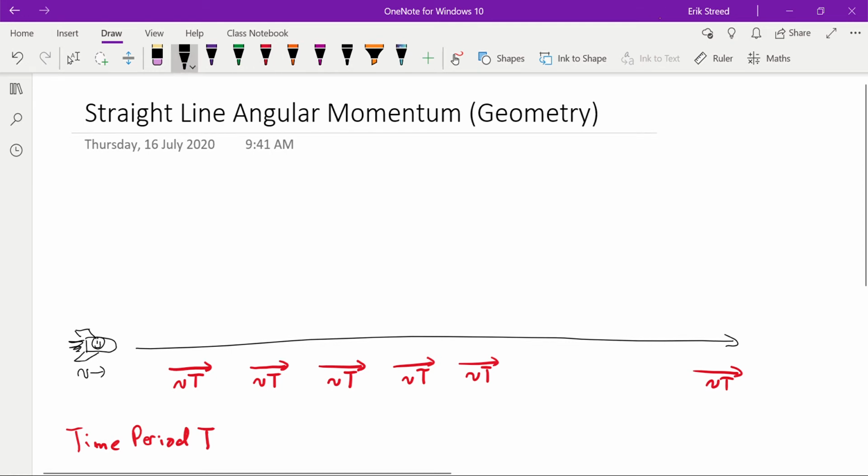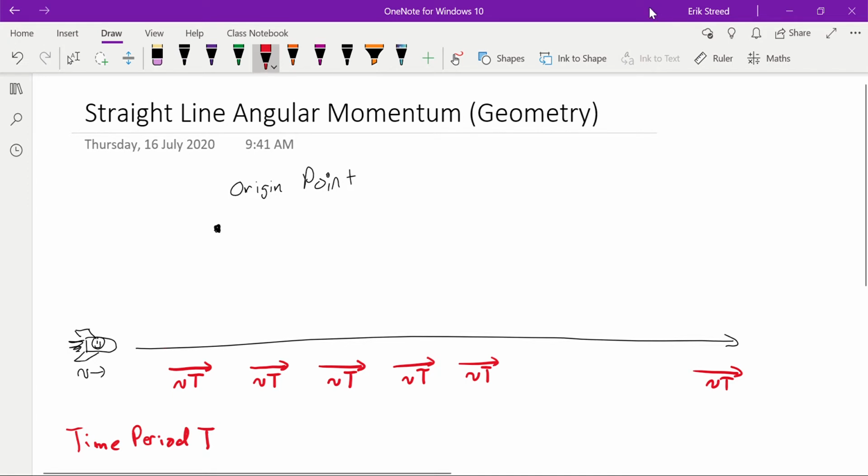Now, let's pick an origin point. This is going to be the origin for our angular momentum measurement. But in this case, we're interested in the area that's being swept out over this period.